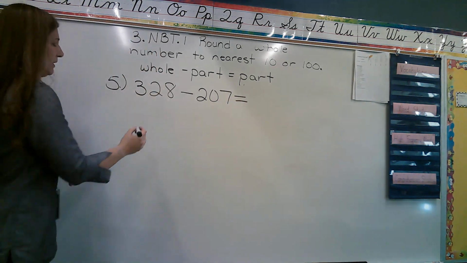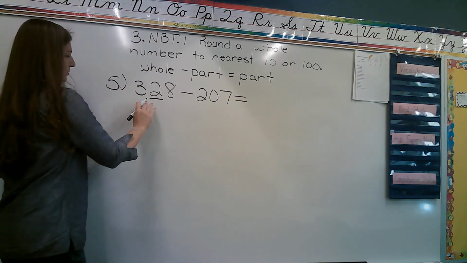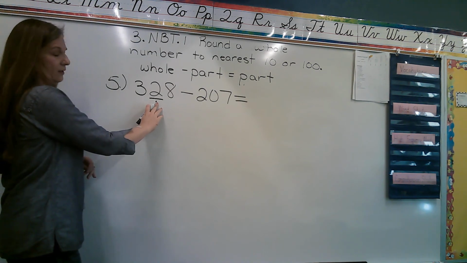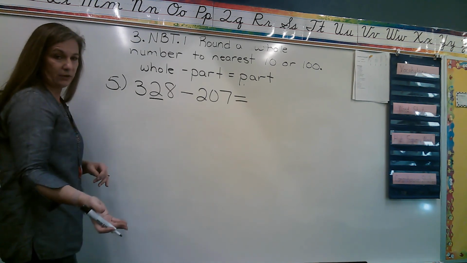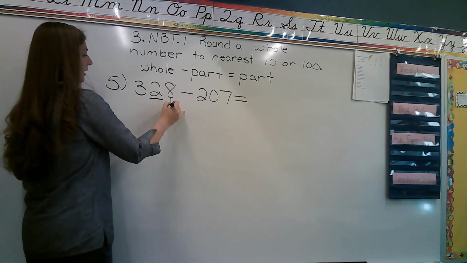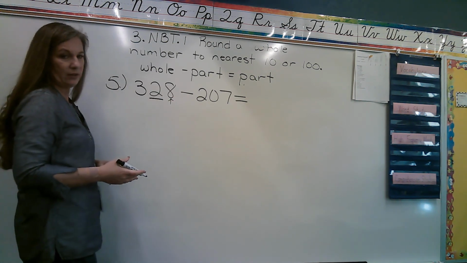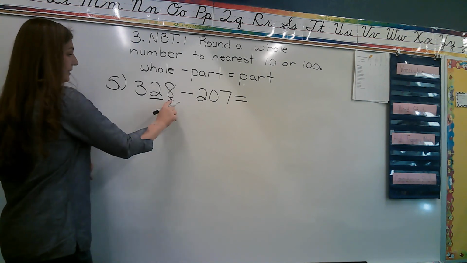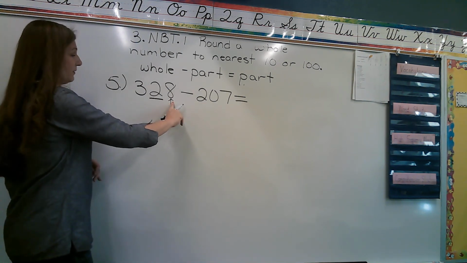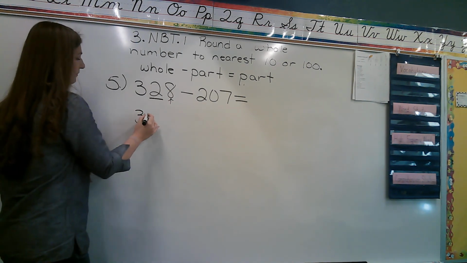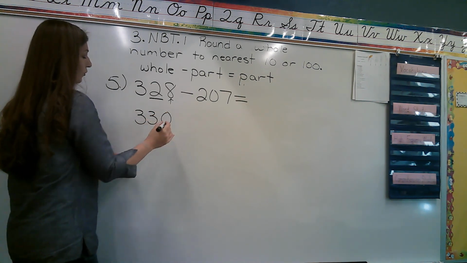So again, we're estimating to the closest 10. So this tells us 320, or the next 10, which is 330. We look at our ones place, and we know that 325 is in between those groups of 10, and it's past 325. So since it's past 325, this is going to round to 330.